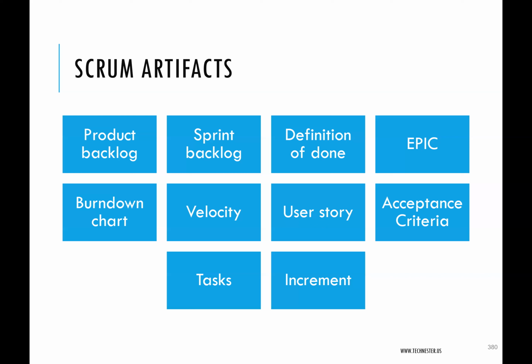Let's assume that the product is going to take 1 year to develop, and we have broken this 1 year down into sprints. As we are carrying out sprints, the amount of work required to finish the product is reducing.